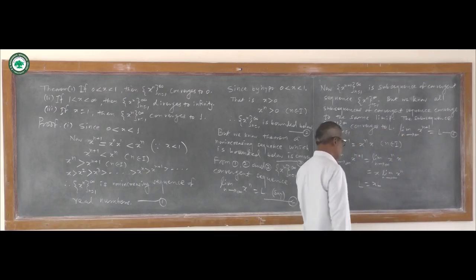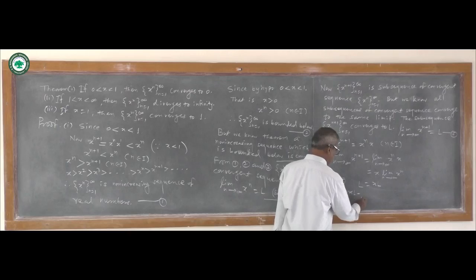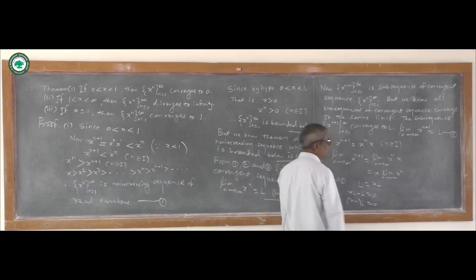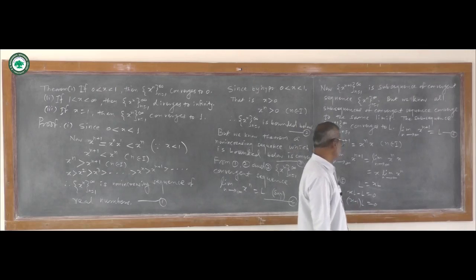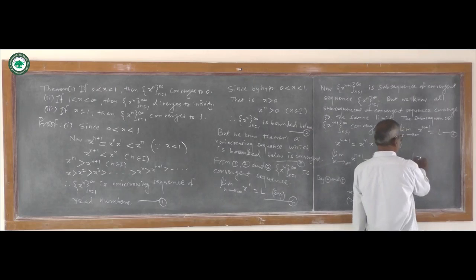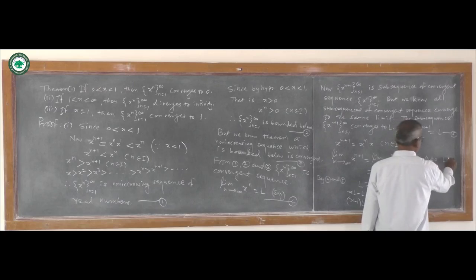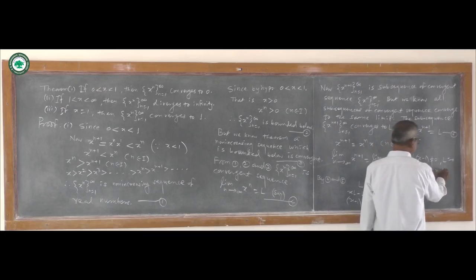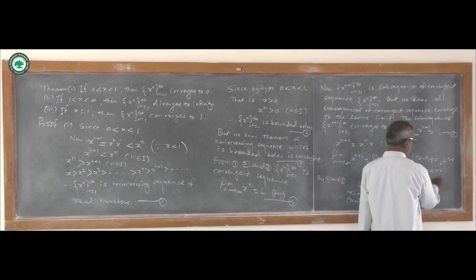Therefore, L is equal to xL. That is, xL minus L is equal to 0, so (x minus 1) into L is equal to 0. Since 0 is less than x is less than 1, x is not equal to 1, so x minus 1 is not equal to 0.